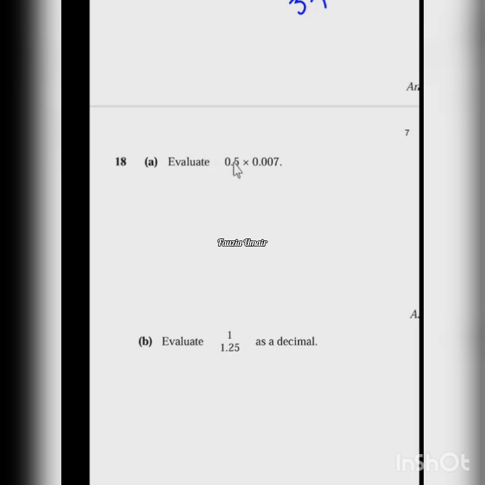Shahir, can you tell me, when 1 decimal place is multiplied with 3 decimal places, how many decimal places would be there in the answer? 4 decimal places.